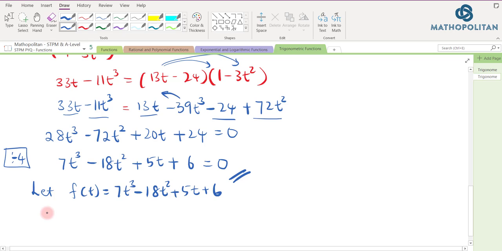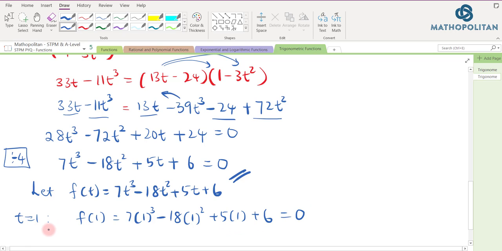So if I try to put in, let's say, t equals to 1. So f of 1 here is 7 times 1 power 3 minus 18 times 1 squared plus 5 times 1 plus 6. So 7 minus 18 is negative 11 plus 5 is negative 6 plus 6 equals 0.